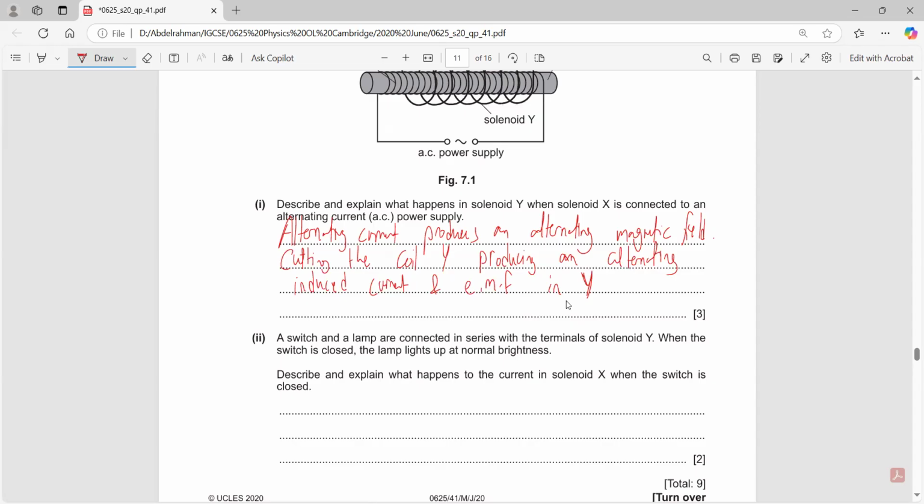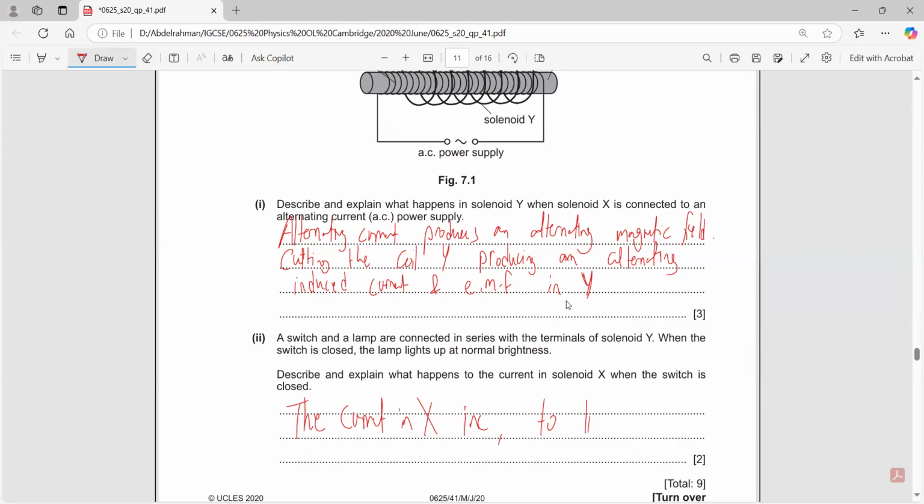From X. So the current in X increases to light up the lamp, to supply some of the power for this lamp.